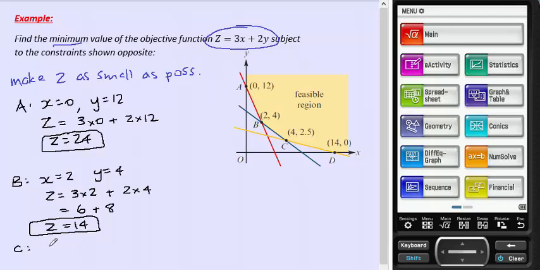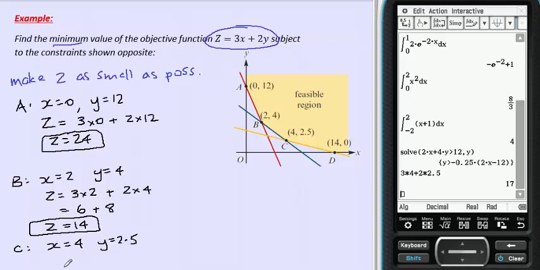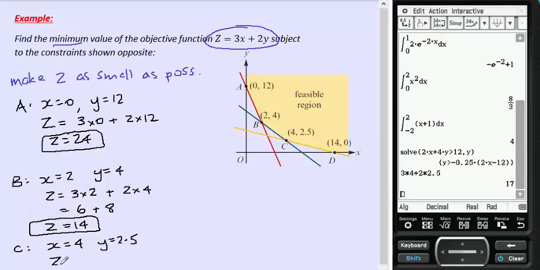So at point C, my x equals 4 and my y equals 2.5. So if I want to, I could go into the main section of the calculator and I could say 3 times 4 plus 2 times 2.5 and put that in, and I get 17. So therefore z equals 17. And then for point D, I can do the same thing.